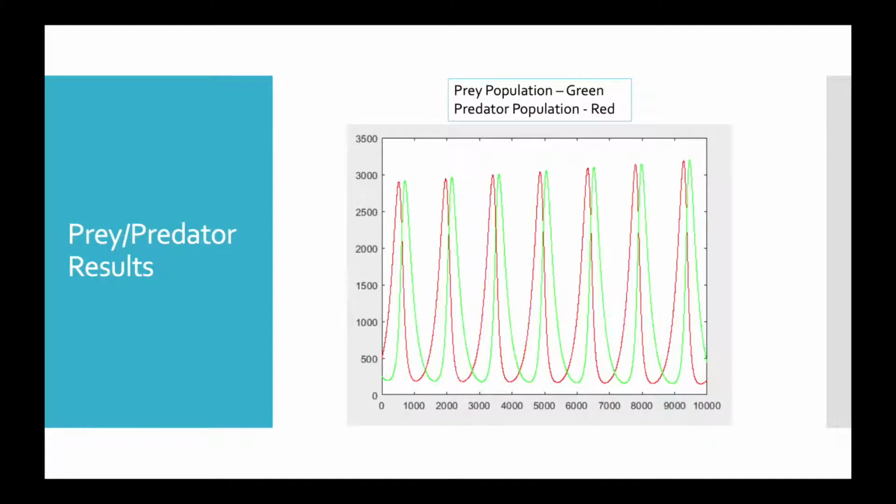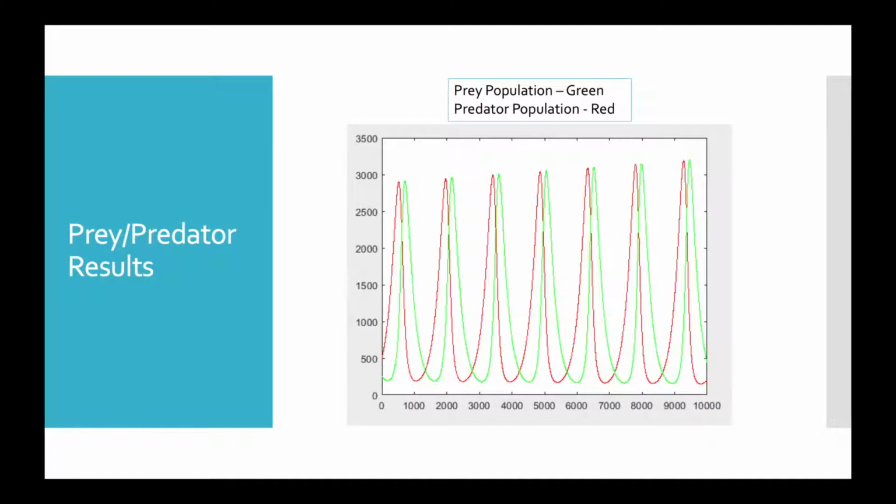As you can see the results from the MATLAB code of the prey and predator model here on this graph, as time passes by until the 10,000th occurrence of them meeting, the prey population is red and the predator population is seen in green. And as you can see, the prey population starts at 500 and the predator starts at 250.